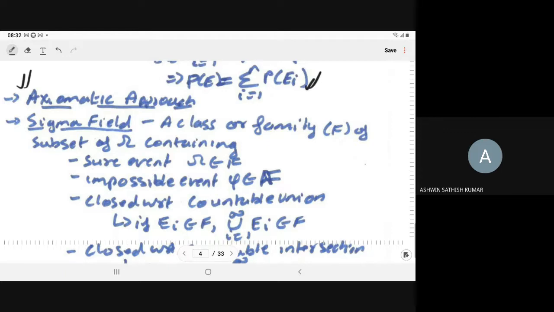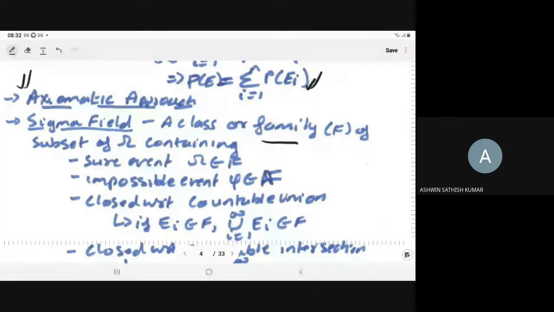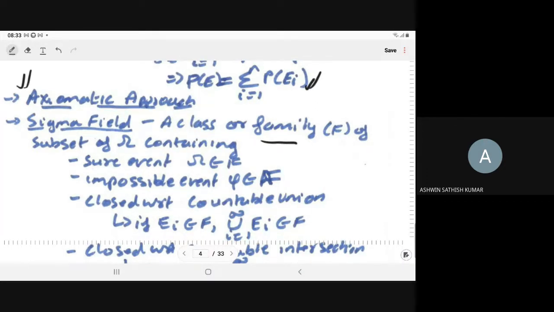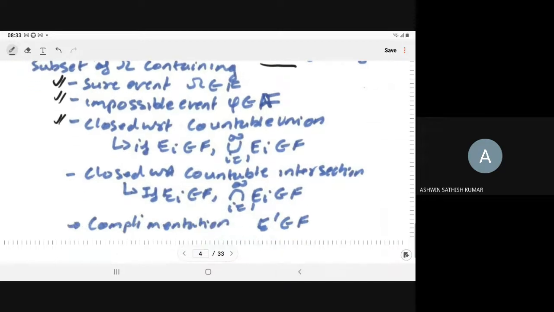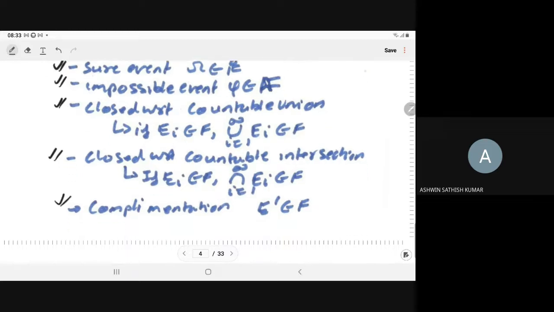First, sigma field. What is the meaning of the sigma field? A class or family F of subsets of omega, because a subset is an event, of the sample space omega, that contains the sure event, contains the impossible event, and is closed with respect to countable intersection, countable union, and complementation.